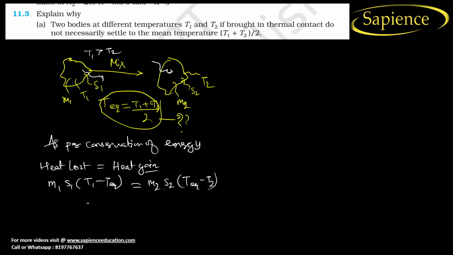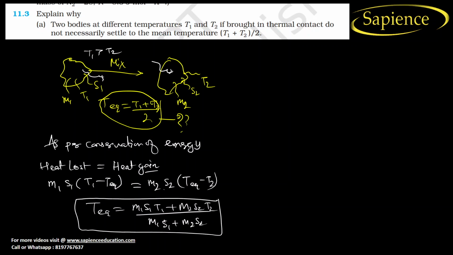Now if we rearrange that, we will get T equilibrium as (m1 s1 T1 plus m2 s2 T2) divided by (m1 s1 plus m2 s2). So we are not getting the desired result like this. So it is not necessary that we will get it.